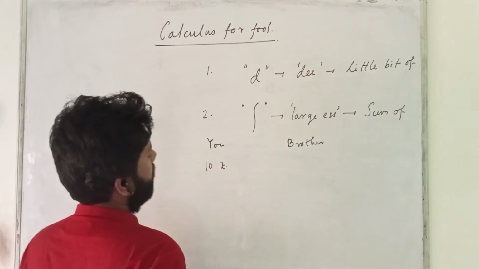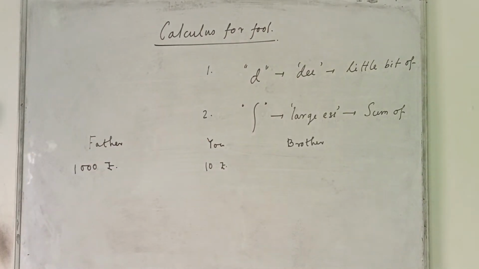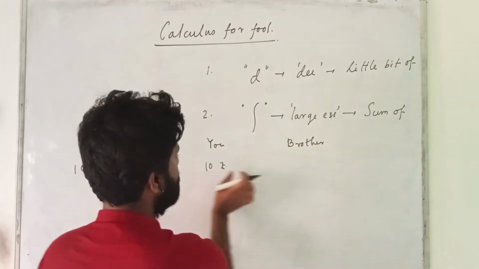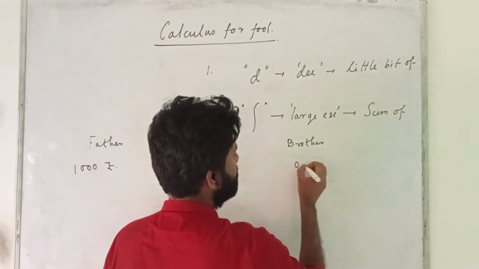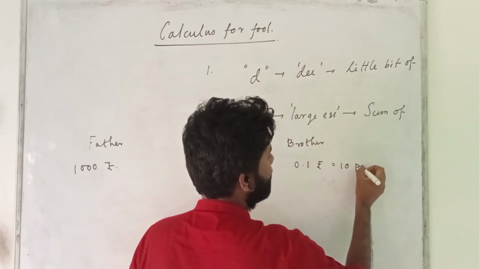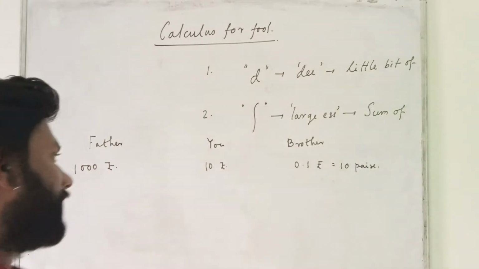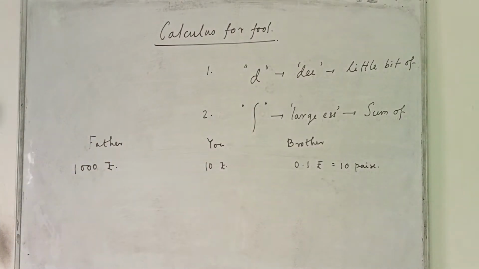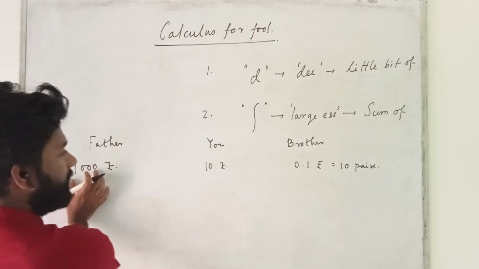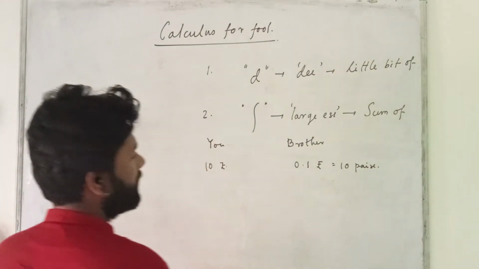And what amount will your brother get? It's very simple. 1% of 10 rupees, that is 0.1 rupees, I mean 10 paise actually. Comparatively, next to 1000 rupees, the 10 paise is just a negligible quantity.